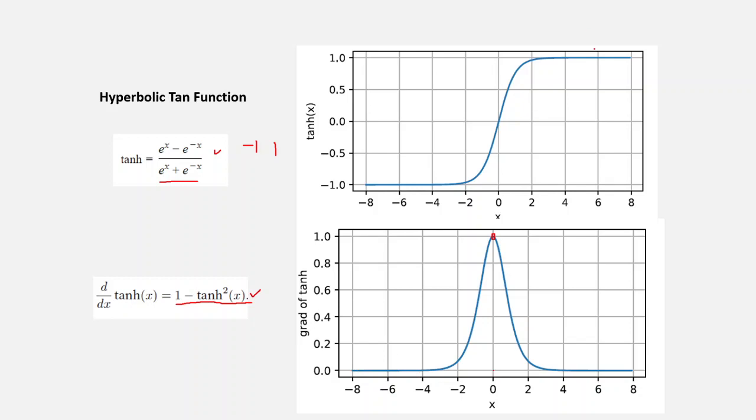That is, the function takes a constant value when the values are further away from 0, that is at point minus 6 this is minus 1, and at point 6 this is plus 1. So it takes a constant value, and for that reason the derivative approaches 0 for these points too.